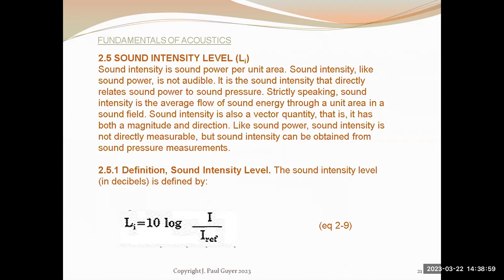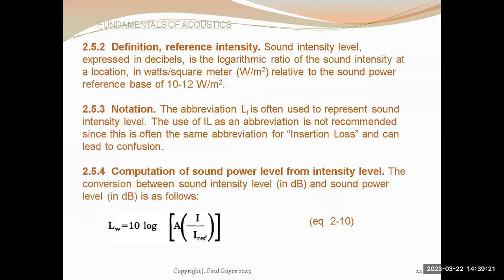So the definition of sound intensity level is given by equation 2.9. L sub I, sound intensity level, is equal to 10 times the log of I, the sound intensity perceived, divided by I ref, which is a reference sound intensity.